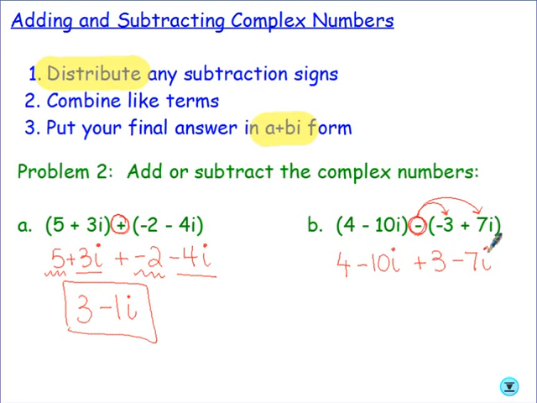You just do the opposites of anything after the subtraction. Now we are ready to combine like terms. Real and real. 4 plus 3 is 7. Imaginary and imaginary. Negative 10 and negative 7 make negative 17i.